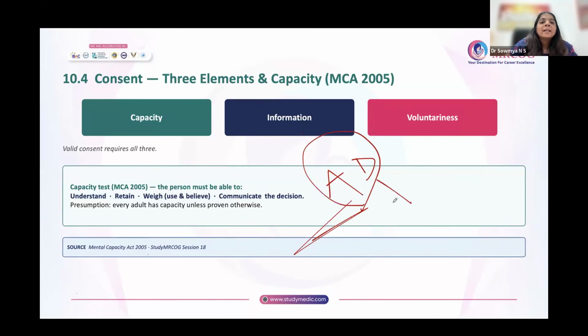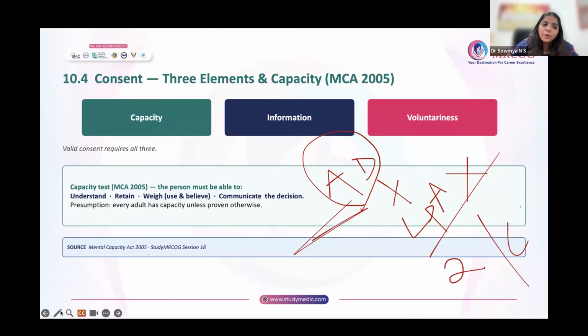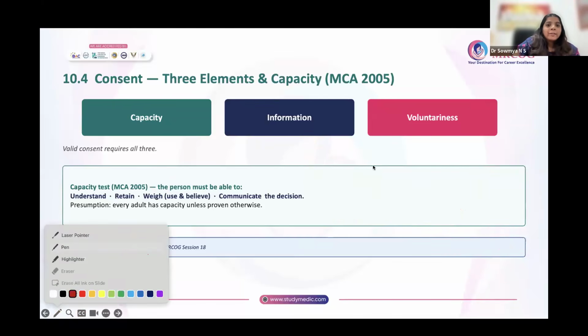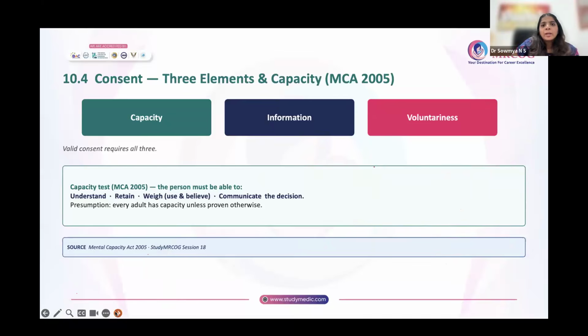If that is there, then nothing else holds good. If that is not there, then there will be legal power of attorney. You discuss with them, and if they are going in the best interest of the patient, well and good. If not, if urgent, you will go with the two consultants. If it is elective, you go with the court of law. I hope this is clear. I have repeated thrice. If you still have doubt, you can ask me.